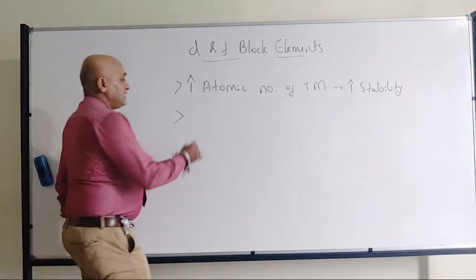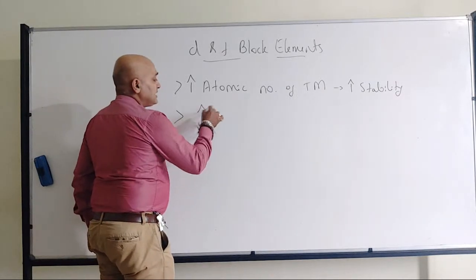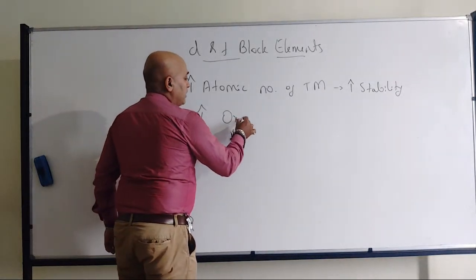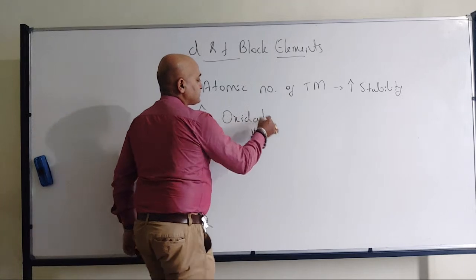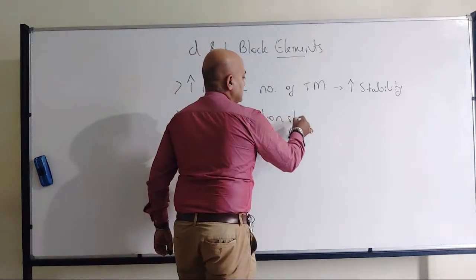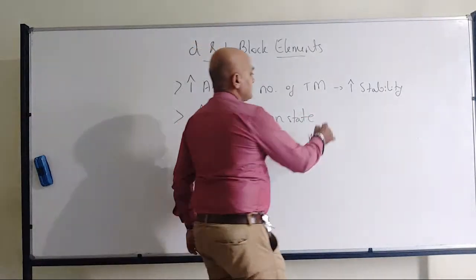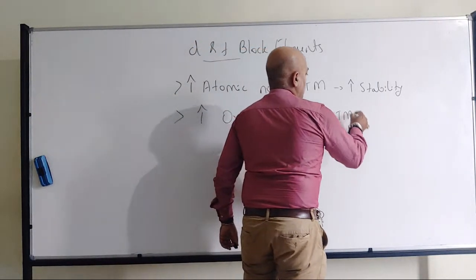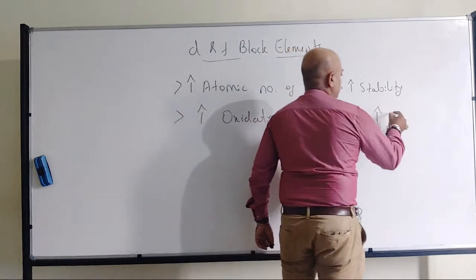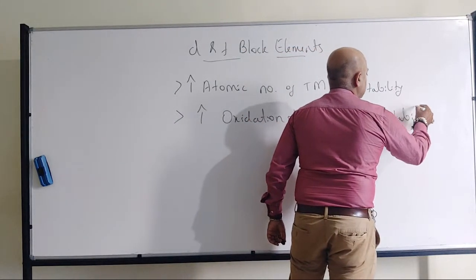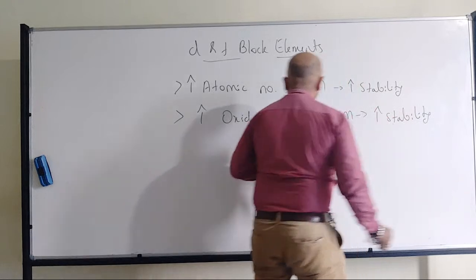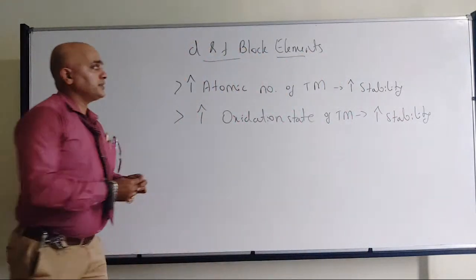The next point here is that as there is an increase in the oxidation state of transition metals, it leads to an increase in the stability of the coordination compound.